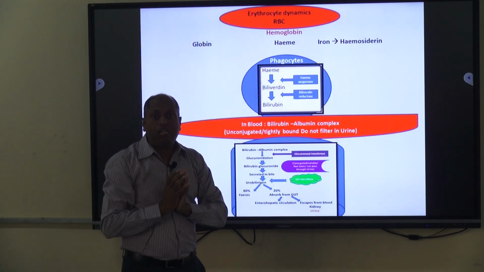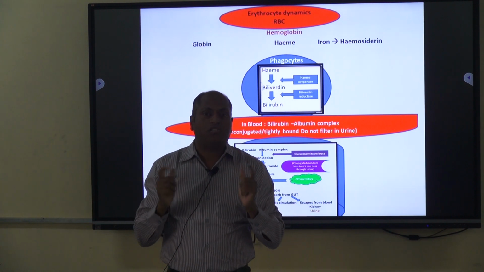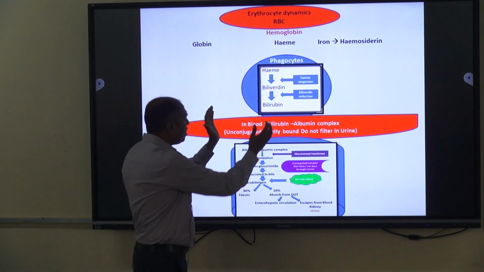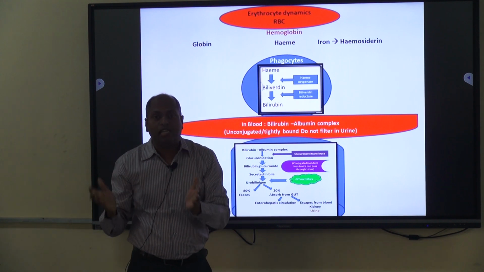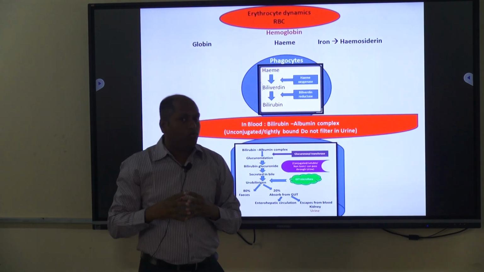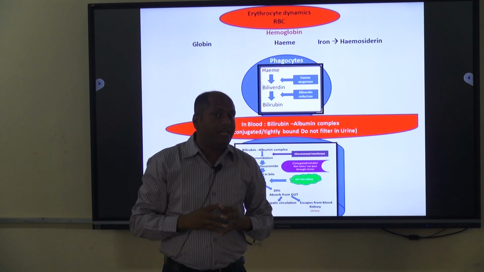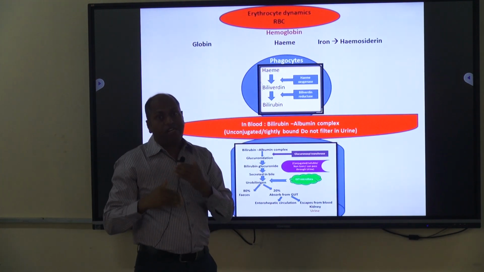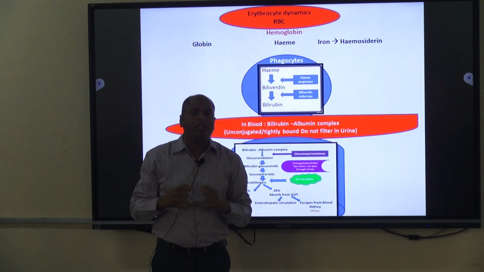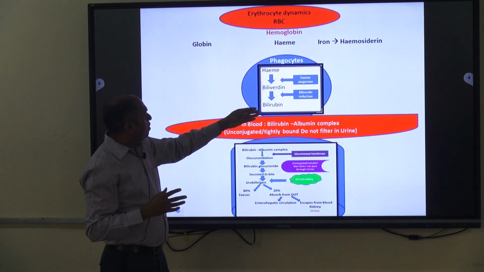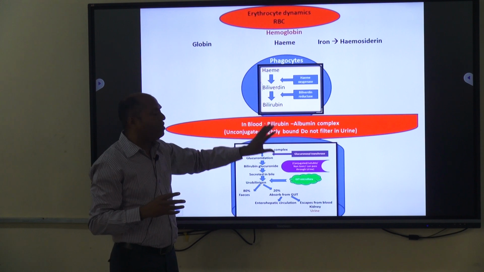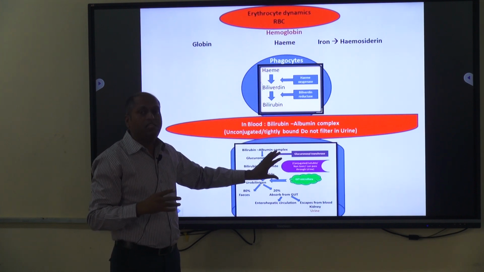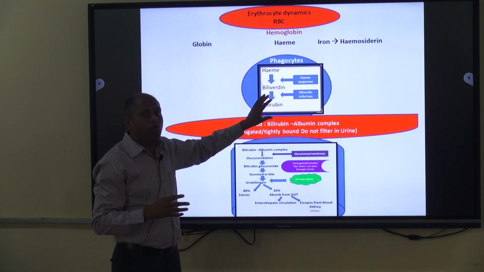Now, this bilirubin is insoluble and toxic also. So this bilirubin cannot be transported from one place to another, and as I told you, it is toxic, so we need to detoxify it. How can we detoxify it? We can detoxify it by the liver. So it is transported to the liver and the liver detoxifies this bilirubin.